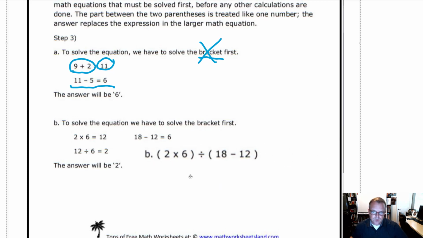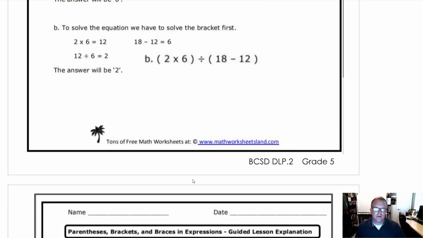Okay, so we're starting with 2 times 6 in parentheses, right? Let me get my pen again. They're writing 2 times 6 here, and they're saying, okay, that's 12. So we could write 12 there instead, right? Put a division symbol. I'm just carrying everything down.